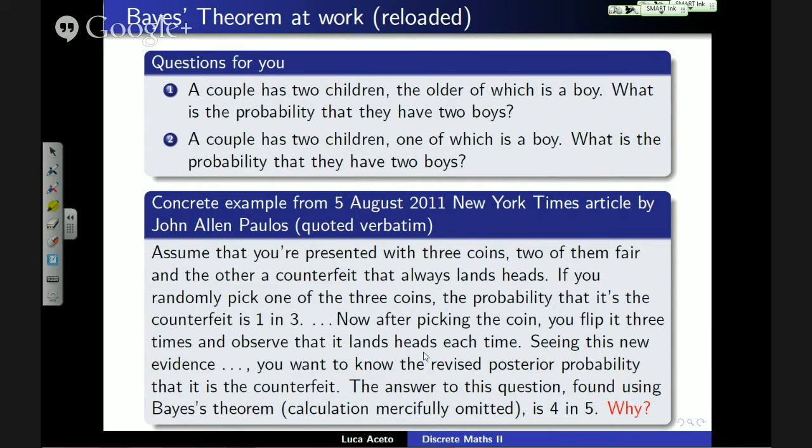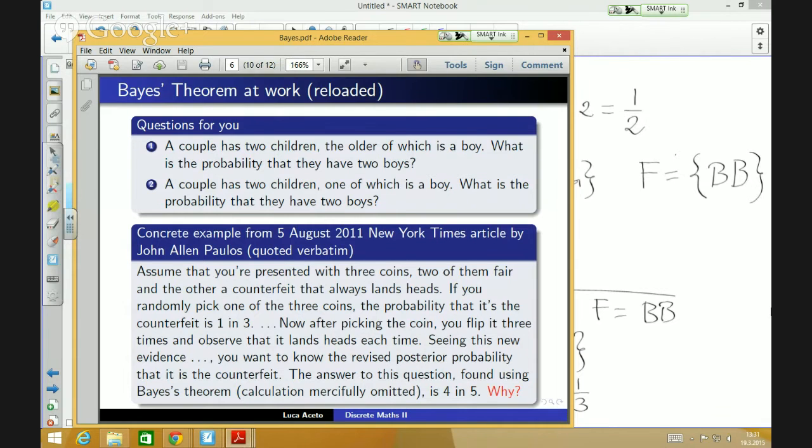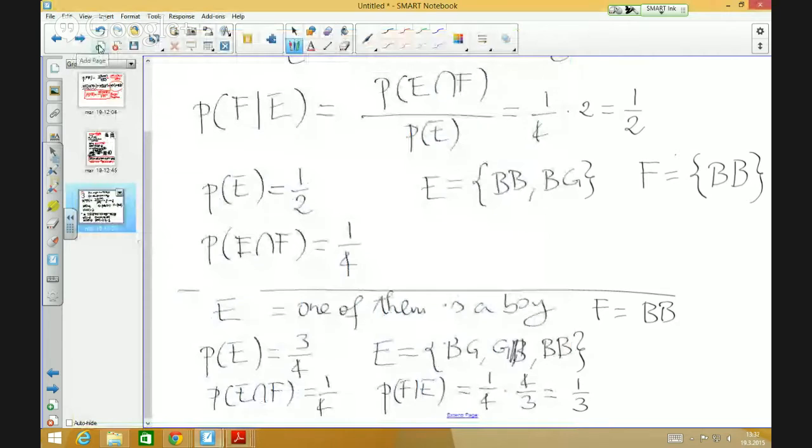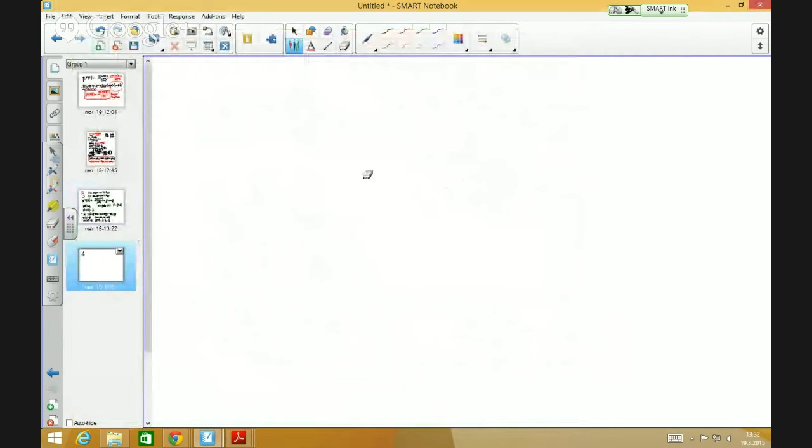What is the probability that you should now rationally assign to the event, I picked the counterfeit coin? Well, the result is 4/5. Why? Well, Bayes' theorem. So it's not 1/3 anymore, it's nearly 1. It's 4/5.